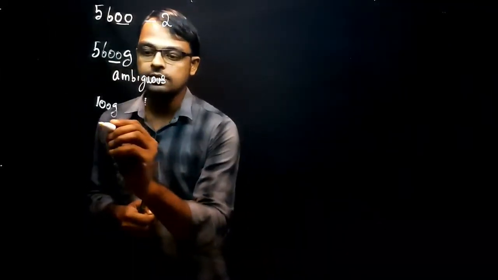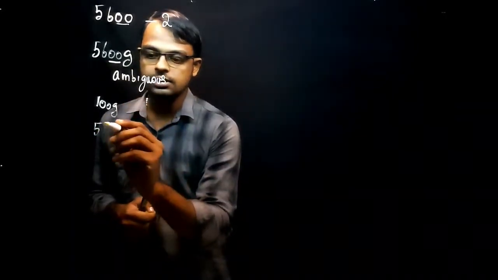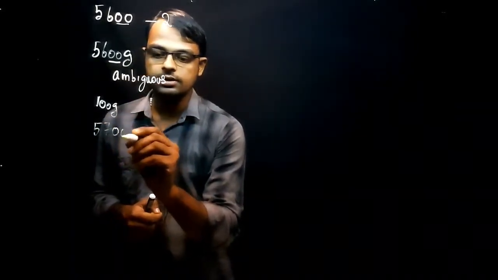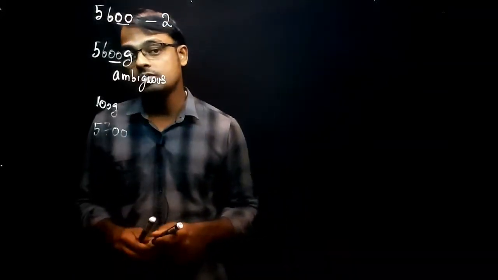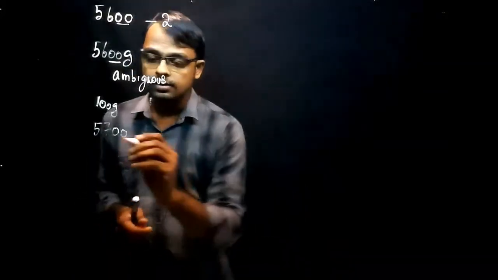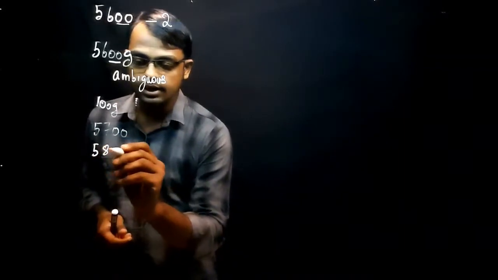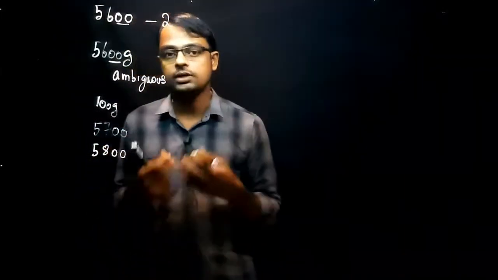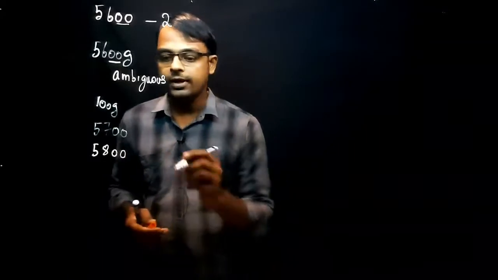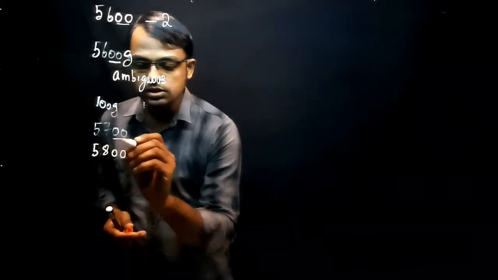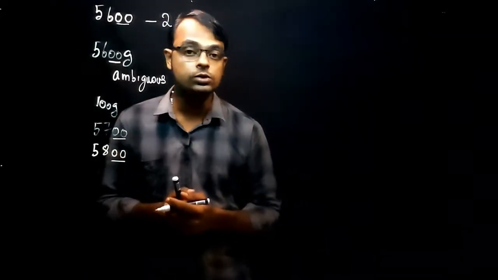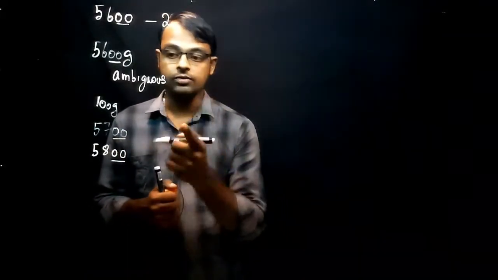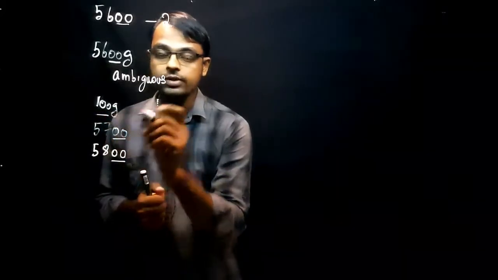After 5600, it may be 5700. After 5700, the next value is 5800, 5900, etc. That means these two zeros are not significant when the least count of that instrument is 100 gram.